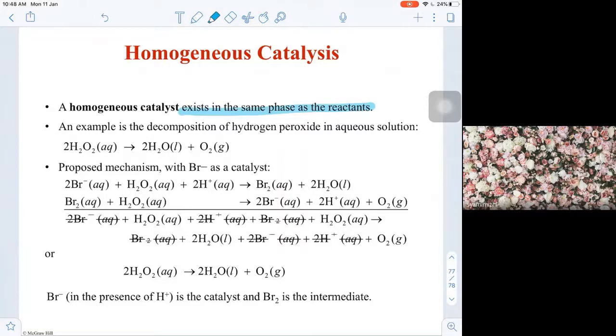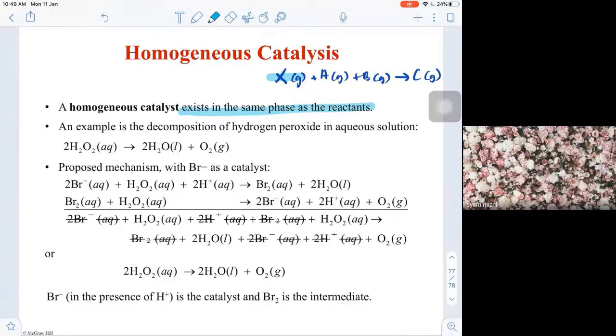For example, if we have a reaction of A gas and B gas turning to C gas, and you are using X as the catalyst and this X is in a gaseous state, we say that X is a homogeneous catalyst.